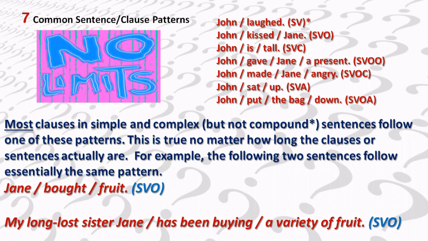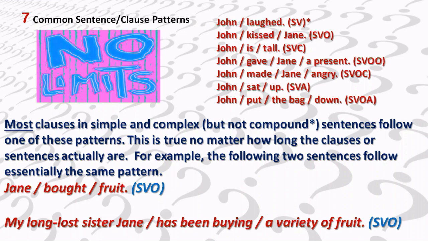But no matter how long the clauses or sentences actually are, it really doesn't matter because they follow the same kind of structure. So if we look at the example below, Jane bought fruit is SVO, subject, verb, object. The bottom one says, my long-lost sister Jane has been buying a variety of fruit.